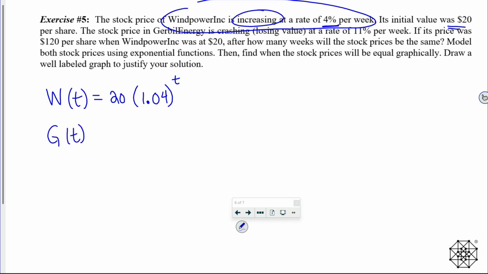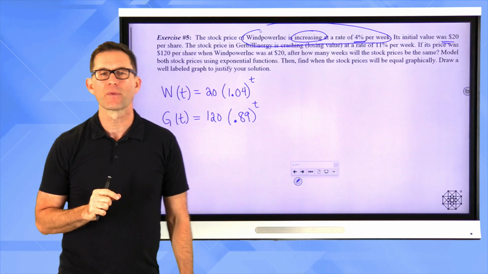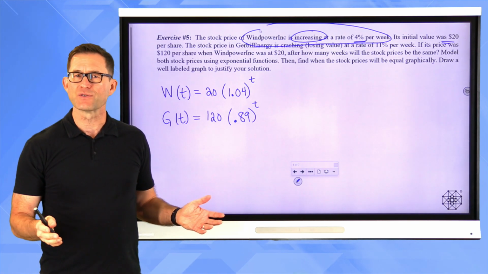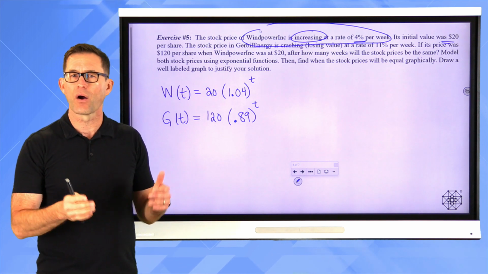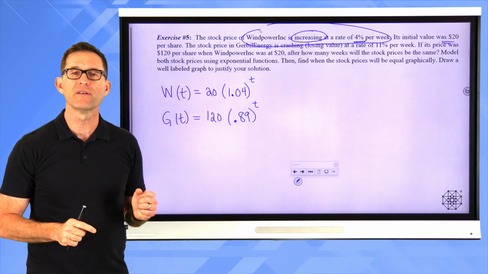Let's see. Gerbil Energy, which obviously is crashing because gerbils can only run so fast for so long. But we start there with 120. It's losing it at 11% per week. So that means our multiplier is going to be 0.89, 89%, right, is going to remain each week. So these are our two functions.